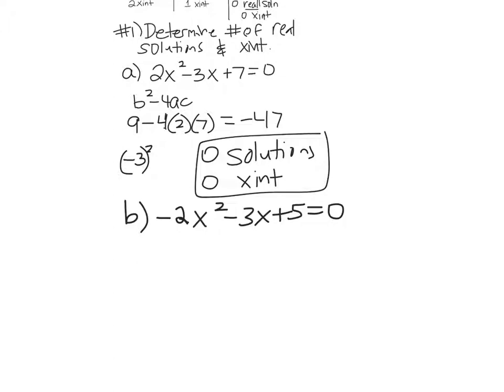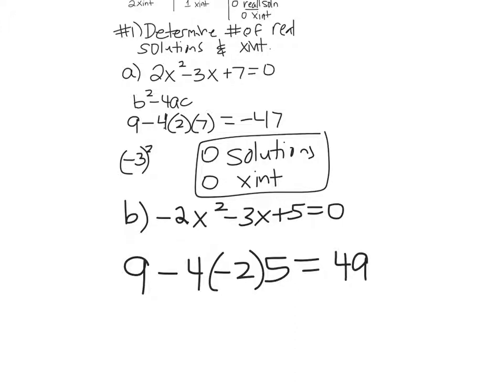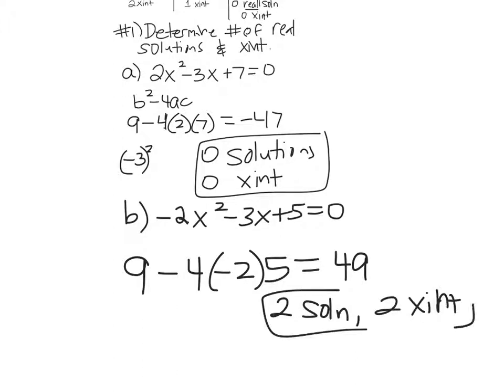B squared is 9 again, so 9 minus 4 times A times C. Ooh, so we get, what is that, 49? Yeah, positive 49. I don't care what the solutions are. That's not the question. It's how many are there. We will get 2 real solutions, and we will also get 2 x-intercepts if we were to graph that.